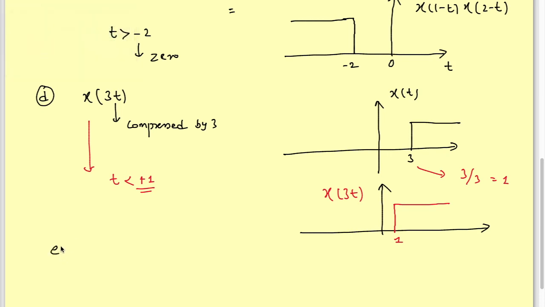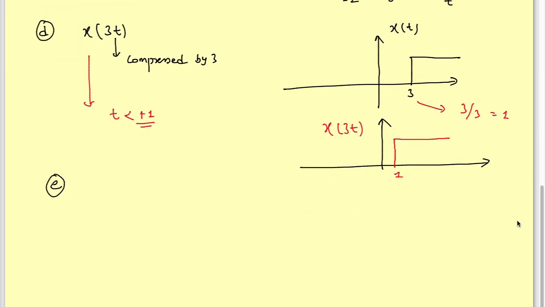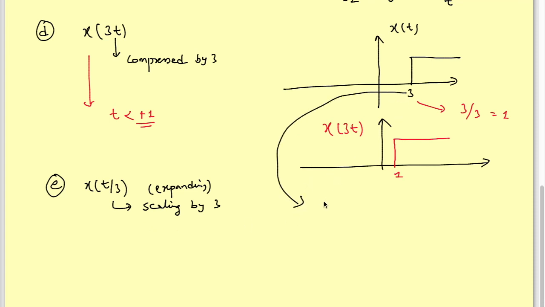Now problem e. Problem e is x of t by 3. X of t by 3 means scaling my signal by 3, that is expanding. So it will look something like this. In this, what I have to do is 3 into 3 equal to 9.